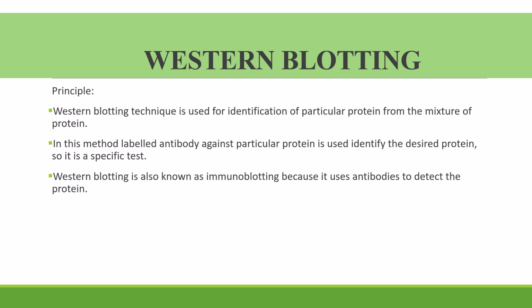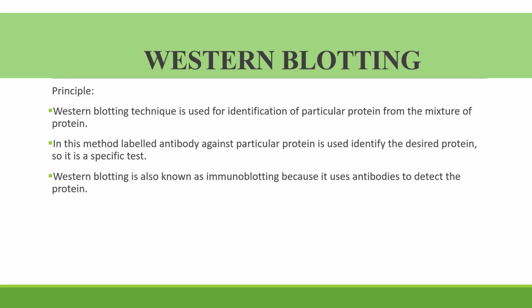Next, the Western blotting principle. Why Western blotting? How does it work? Western blotting is a technique used for identification of a particular protein in a mixture, as we have already discussed. In this method, a labeled antibody against the particular protein is used to identify the desired protein, so it is a specific test. Why is it specific?